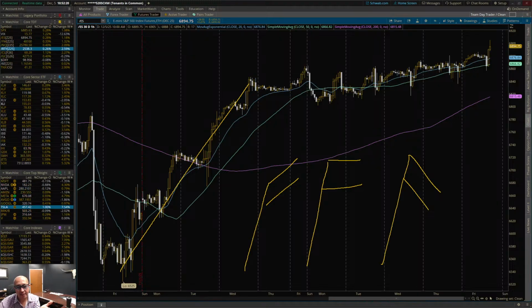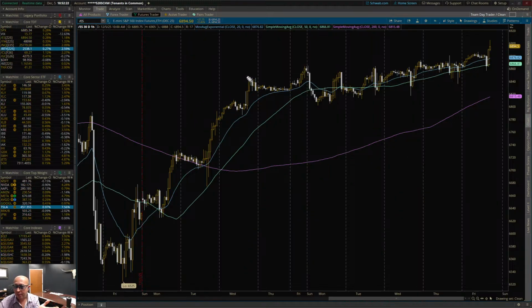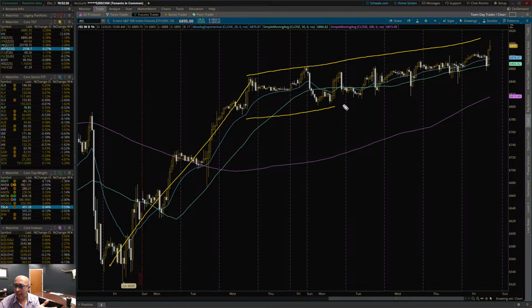Now, we're looking for that ignition bar push, or I have been, and I haven't really necessarily got it. We didn't get it yesterday, right? Yesterday, it opened up. It looked like it was going to push out and break out, and then what did it do? It fell back in, and then we're back into the range.